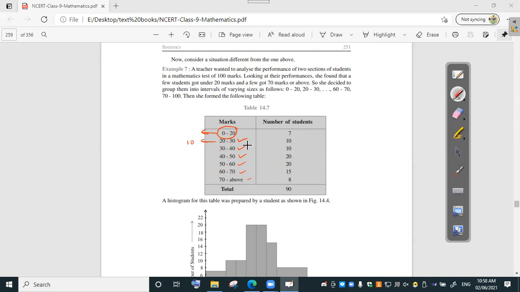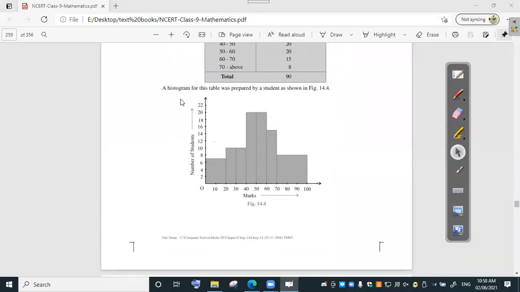So when you find this type of data, where the class widths are different, you cannot draw directly. If you do it directly, they have shown below this histogram.